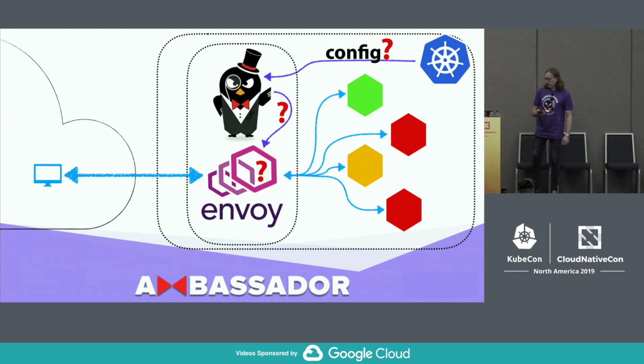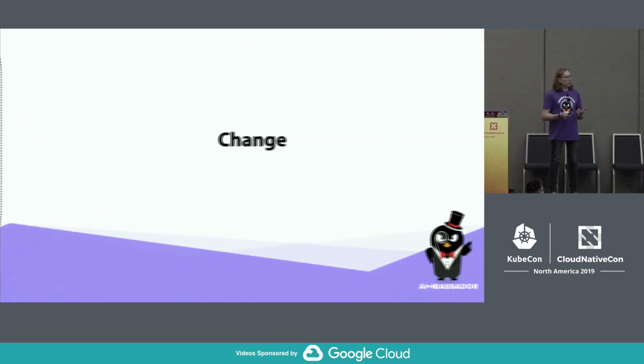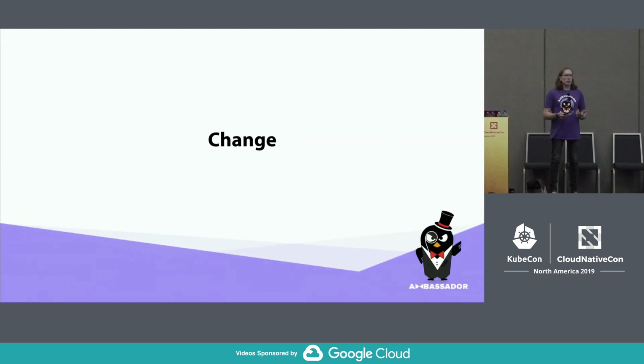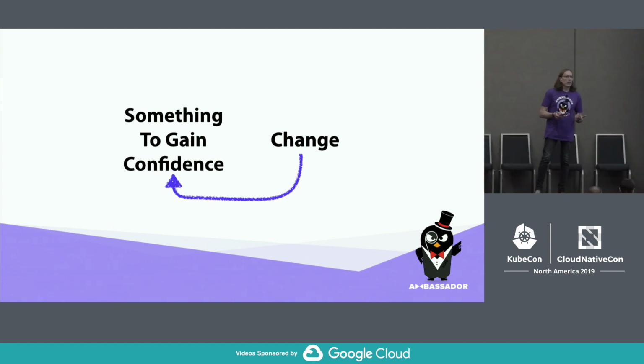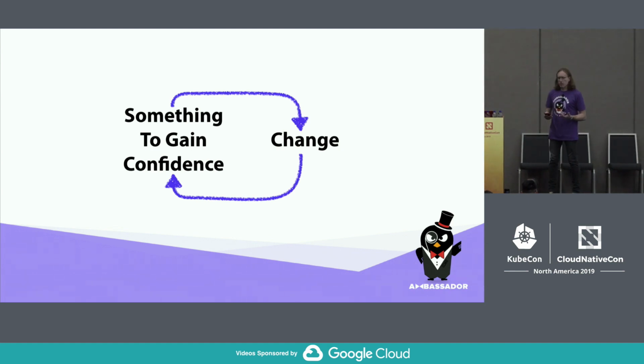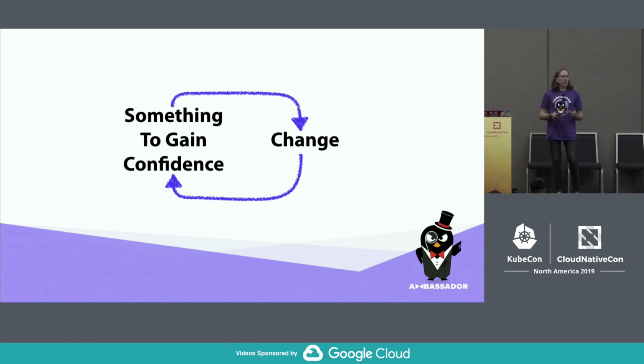So with that in mind, let's back up and take a look at development first. If you want to do something different in this world, you're going to start with your typical developer loop. You're going to have a change that you want to make. You'll start making it. You'll do something to give you some confidence that you are on the right track with your change. And you'll use the results of that something as feedback to refine your change and continue working with it. And you go through this loop a few times. Then something interesting happens.